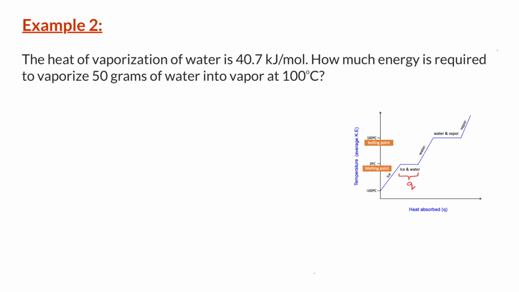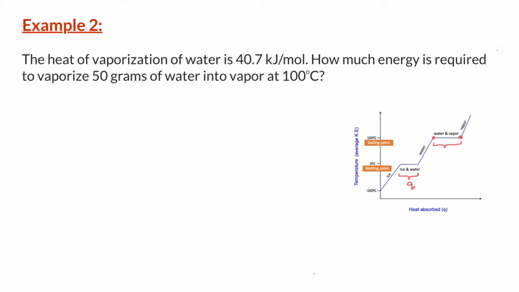So if we look at the heating curve, we are starting here with 50 grams of water, and we need to convert that 50 grams of water into 50 grams of water vapor at 100 degrees Celsius. So we are calculating the heat required to do this transition.